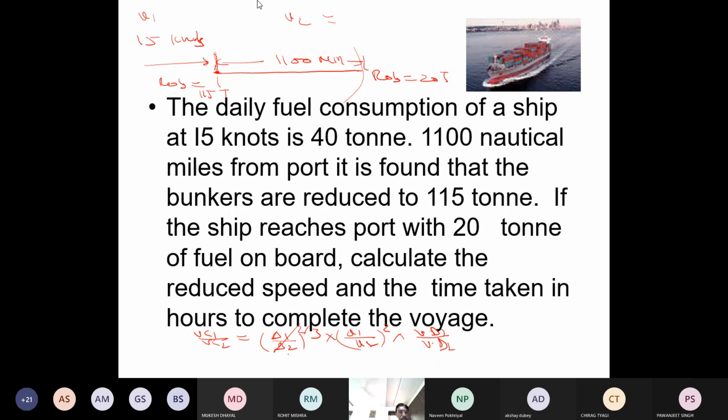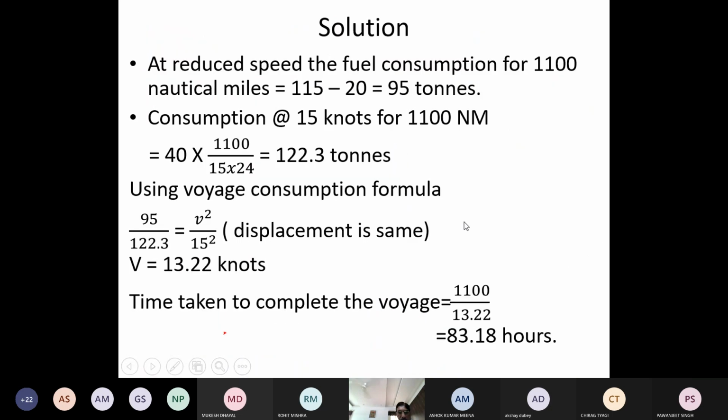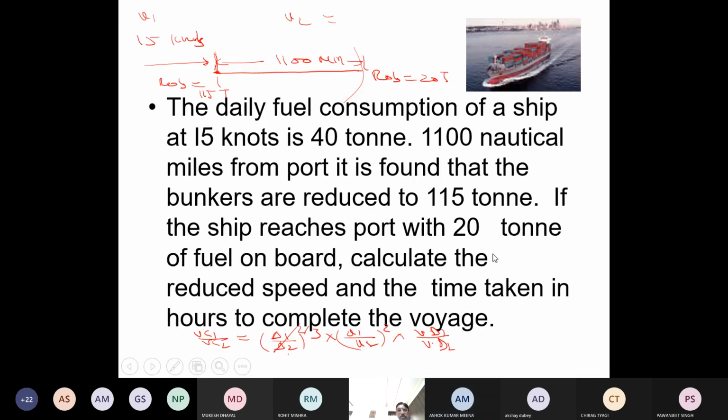This is 13.21, 83.21. Time you should be getting around 83.2, and 13.2 will be the speed. Correct. Absolutely correct. So everyone got it, or are there some more students who are still solving it?